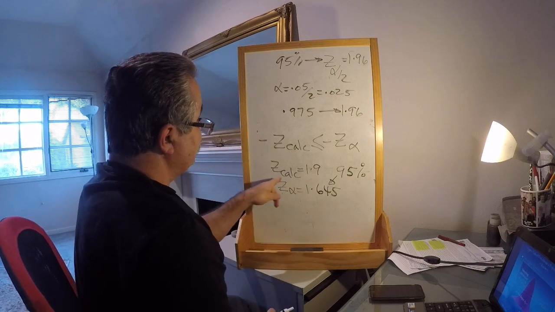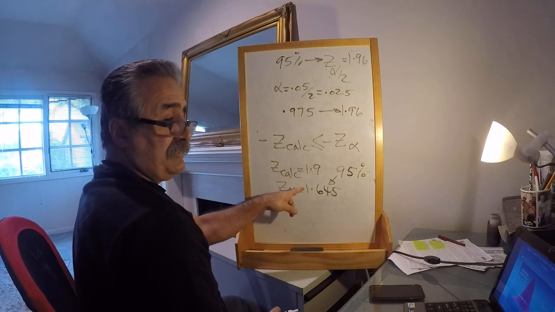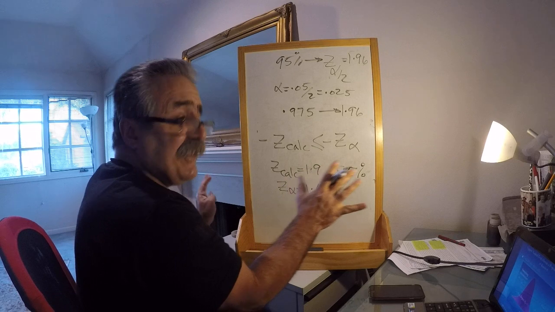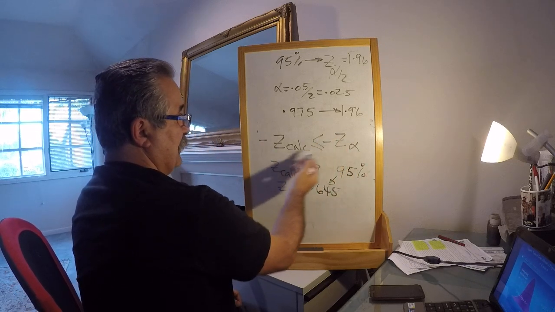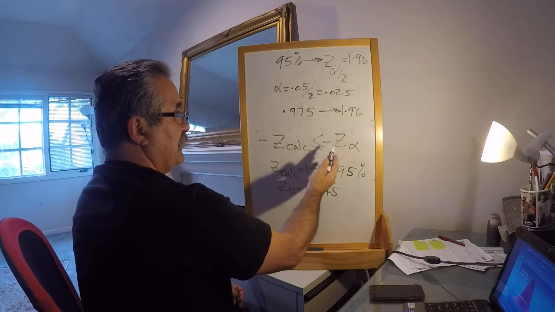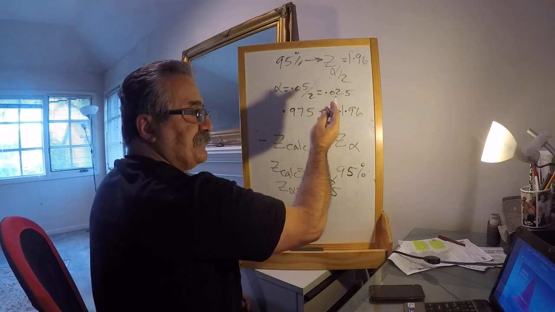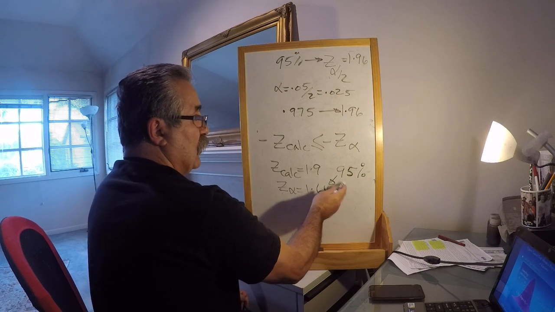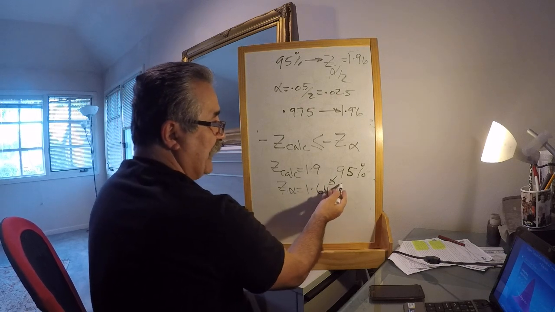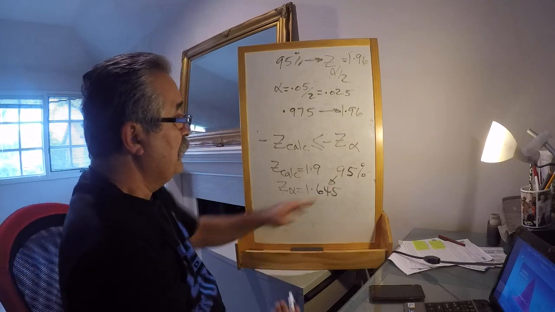But in this case, we only have z sub alpha, not alpha over 2. If it were not equal, then yes, we would have half of the alpha. These are both one side, like upper tail, lower tail. When it is 95%, if you go to the table, you cannot find 0.95.